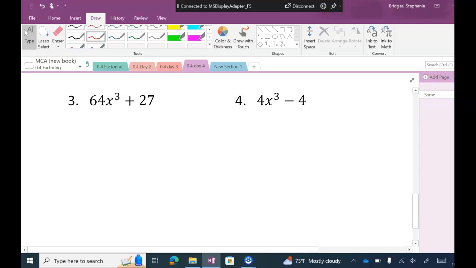Remember, if you're not sure about your perfect cubes, you can look to your list, find the number on the cube list, scroll over to the roots, and that tells you what the cube root is.